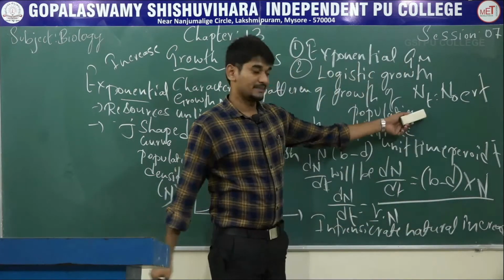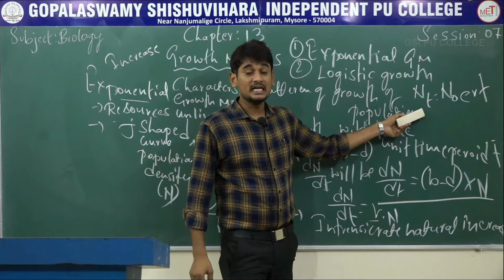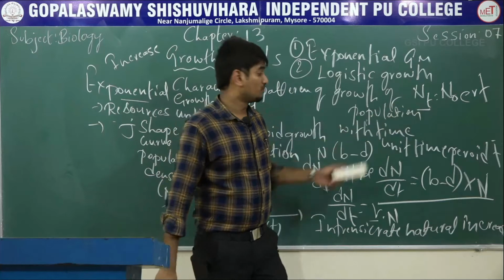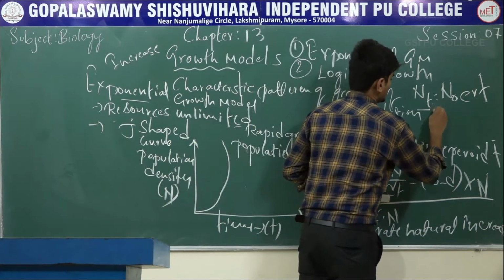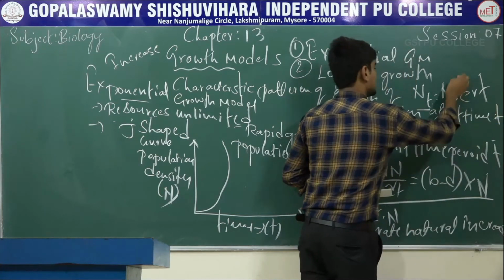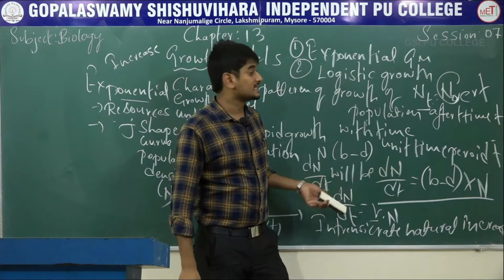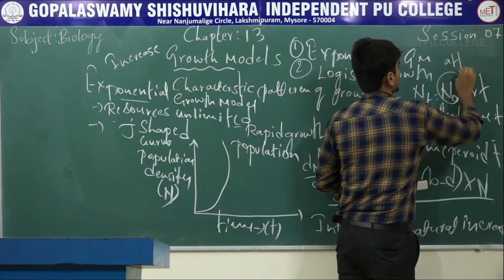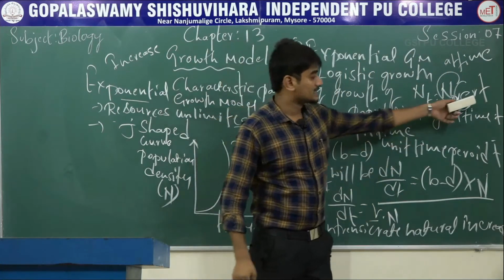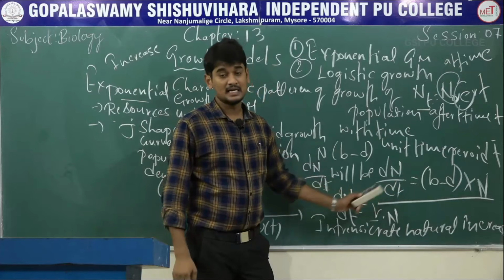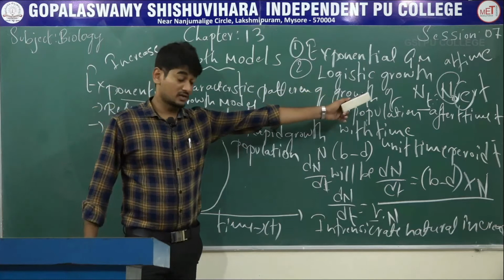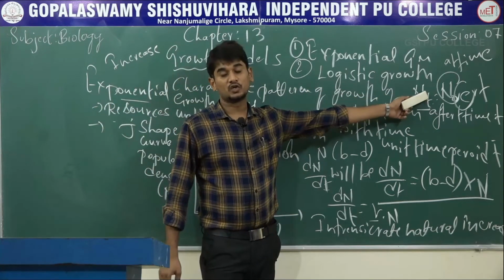Nt is the population density after time t, N0 is the population density at time zero, e is the base of natural logarithms, r is the intrinsic rate of natural increase, and t is the time period.